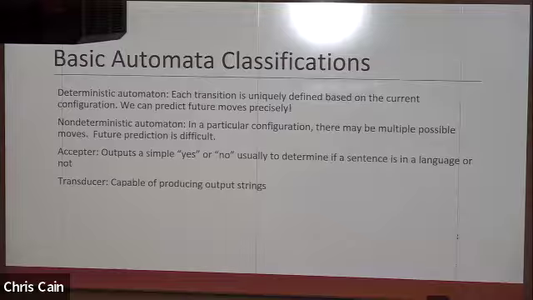Questions on any of these terms or ideas? This will make so much more sense once we dive into our first automata type, which we will do right after the next slide.